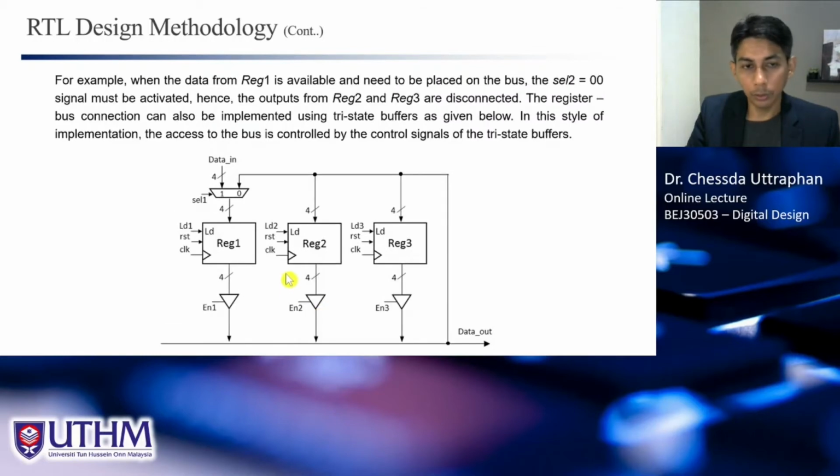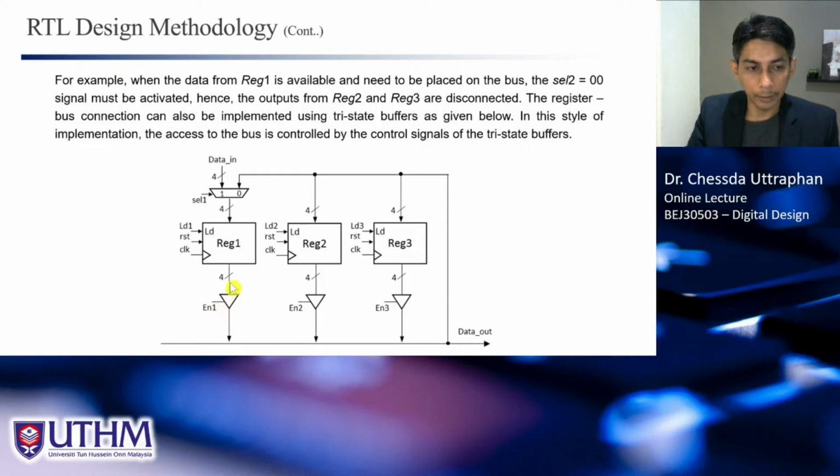And another way to isolate the data with the bus is to use what we call the three-state buffer. So this is the three-state buffer. The data here is only allowed to enter the bus if this signal is activated. This buffer has one controller: if it is not active, this line is disconnected from this line.